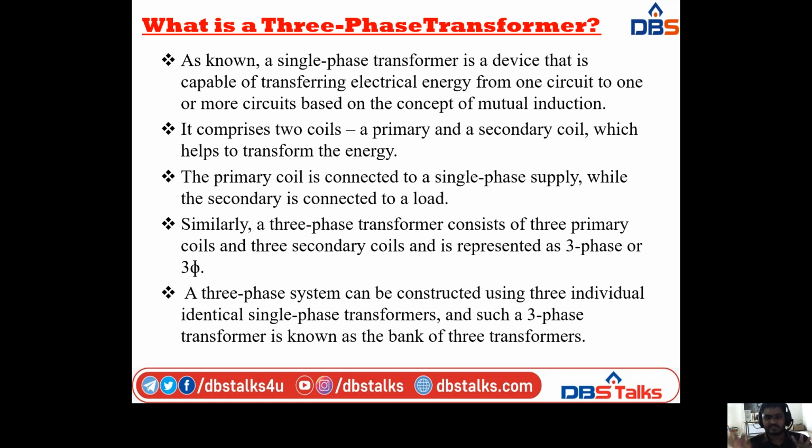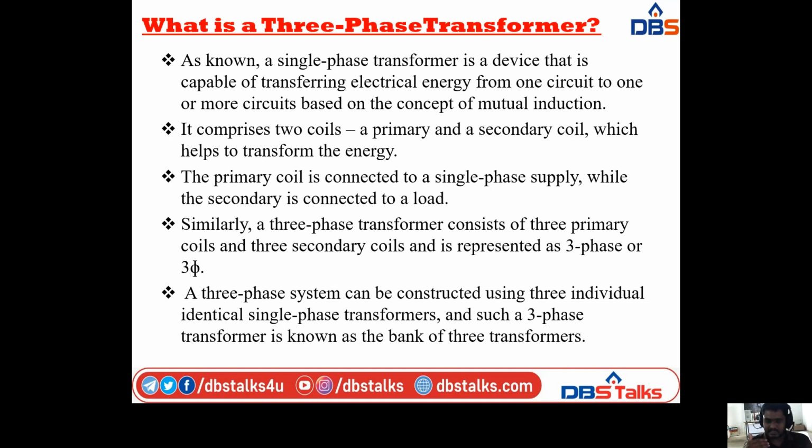These help to transform the energy. The primary coil is connected to a single phase supply, while the secondary is connected to a load in the single phase transformer. Similarly, a three-phase transformer consists of three primary coils and three secondary coils.